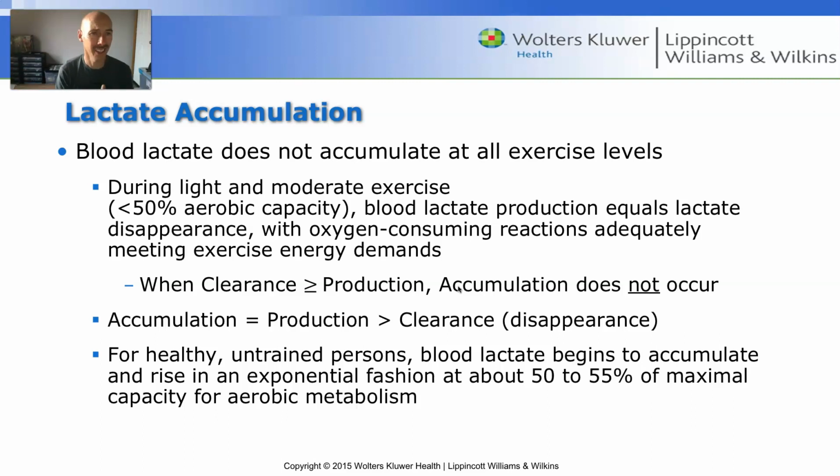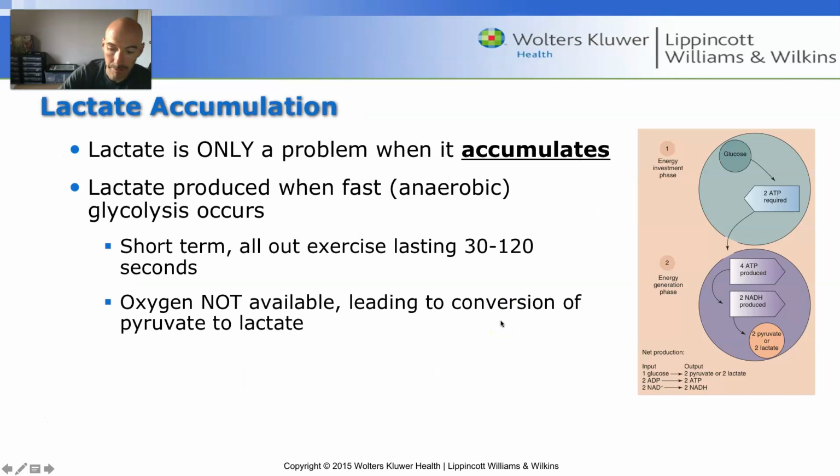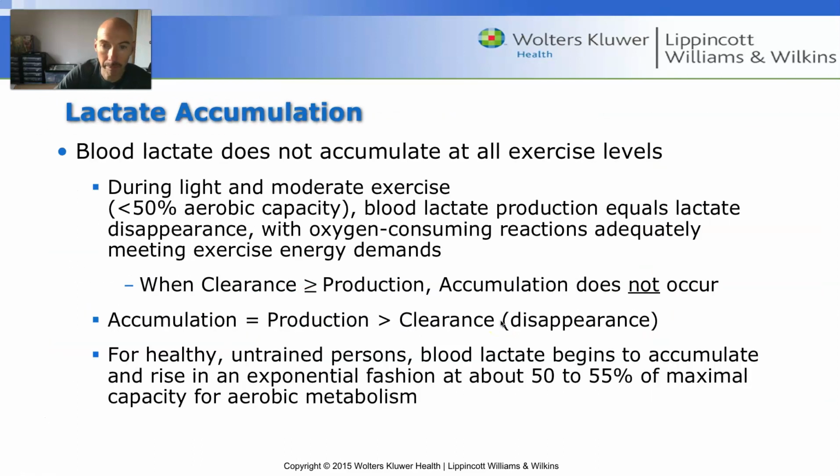Let's just say your average population, not fit, sedentary people, at exercise intensities above 50 to 55% VO2 max, production now flips and is greater than clearance or disappearance. These two words, you could use these interchangeably, okay? So in production, when you're making more than you're removing, it accumulates, right?